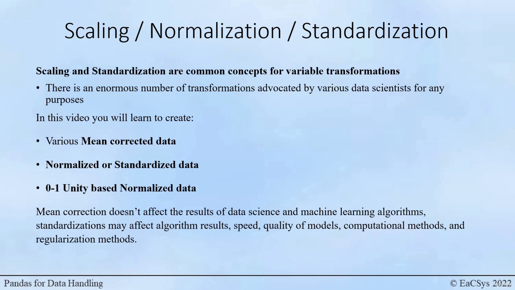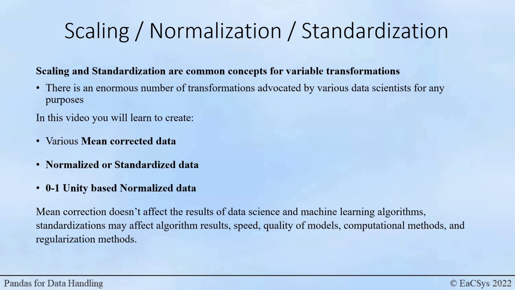And we have 0-1 unity-based normalization, which is an expression type which is very useful for some machine learning models whose transformation functions are constrained between 0 and 1. 0 and 1 is also an excellent way to interpret probabilities between 0% and 100%. In some settings and for some models, 0-1 unity-based normalization is the way to go.